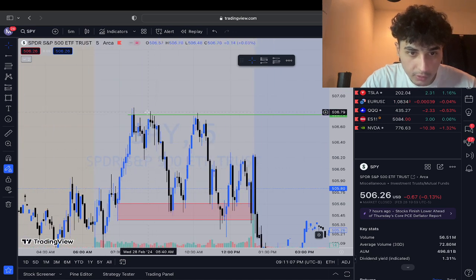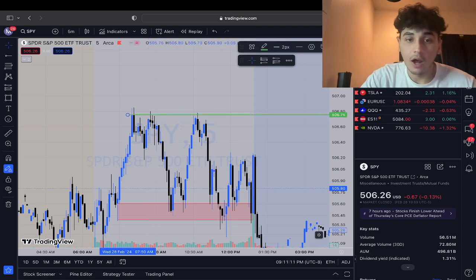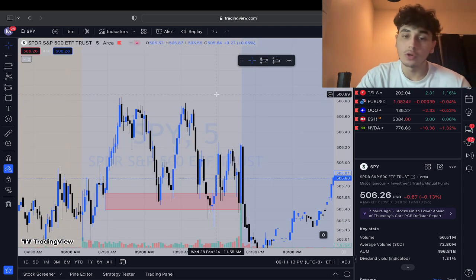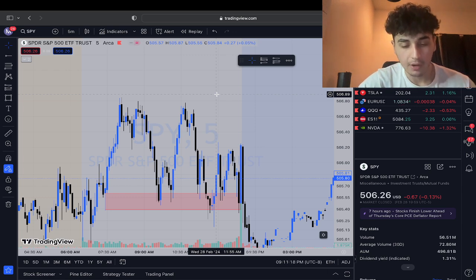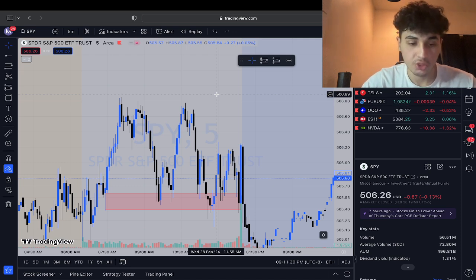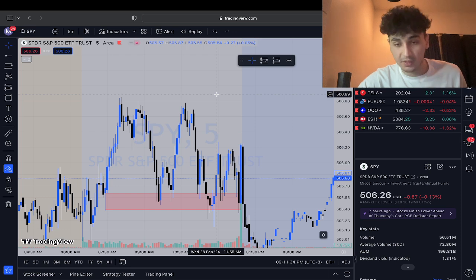Okay, so let me see here. Obviously, when it comes to our zones, we always want a big move. When it comes to drawing out our supply and our demand zones, we always want to look for either a strong move to the upside or a strong move to the downside, because that just means that's where strong orders were being filled within the markets.